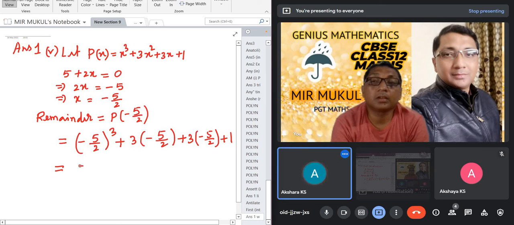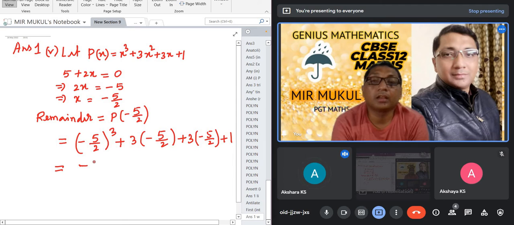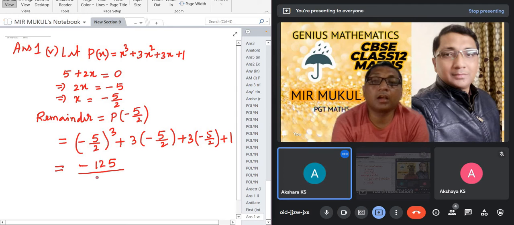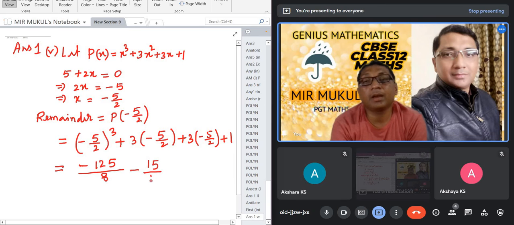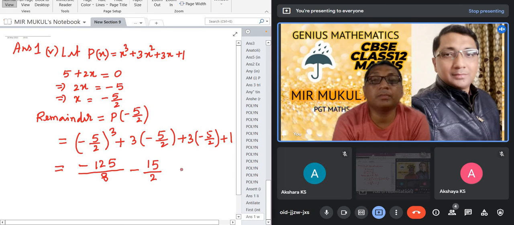Sir, negative. 5 to the power 3 is 125. So minus 125 by 8. Okay, correct. If we multiply, this will be minus. Then 5 into 3 is 15 by 2, here also plus and minus, then it will be minus.